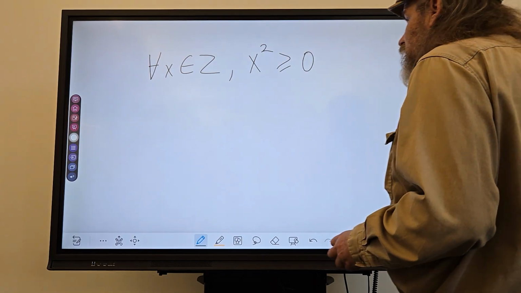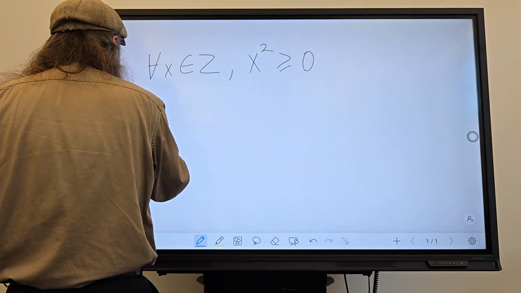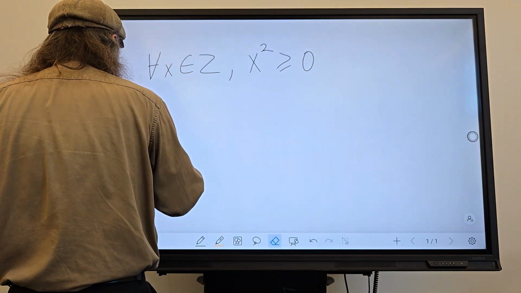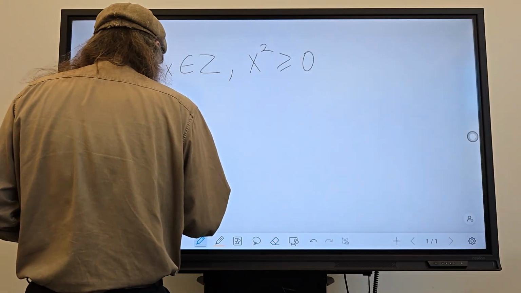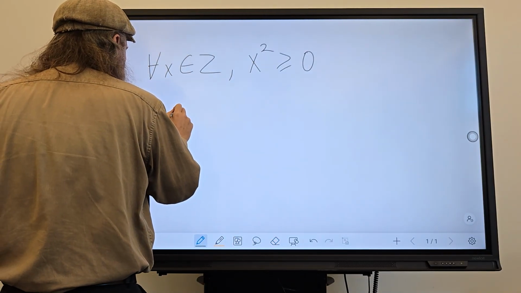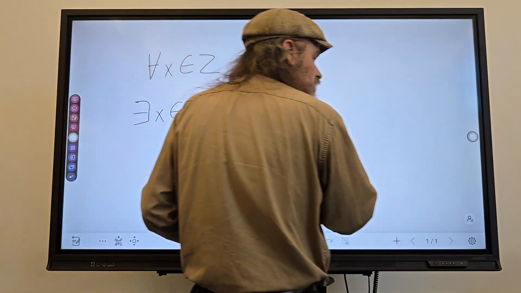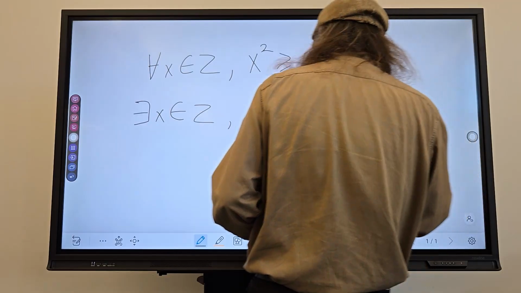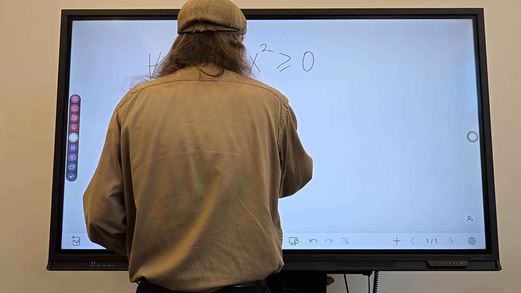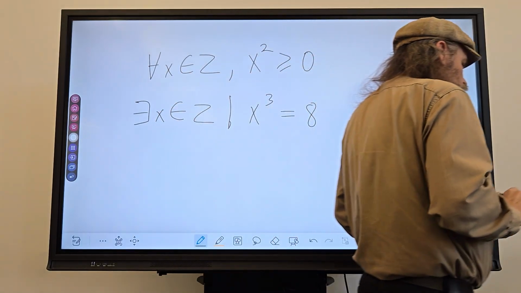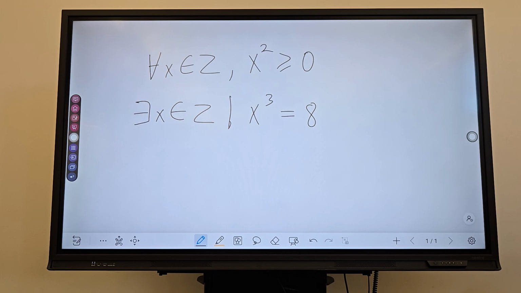And there exists an x, element of integers, such that x cubed equals 8. Now the variable x is used in both statements, but they serve different functions.